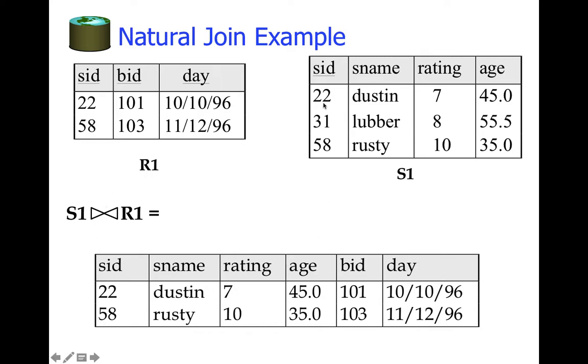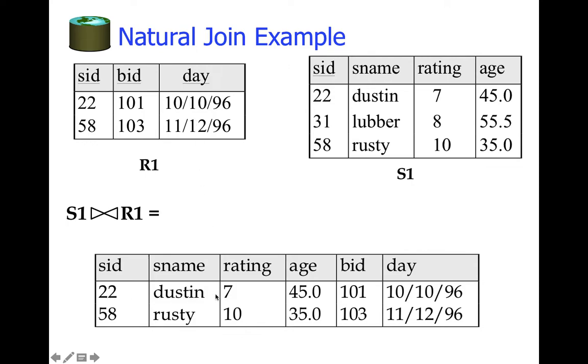It's going to be combined with cross product with this one and this one. But this one would combine 22 Dustin with 58. It doesn't work. We don't need it, so we combine it only with the first row.